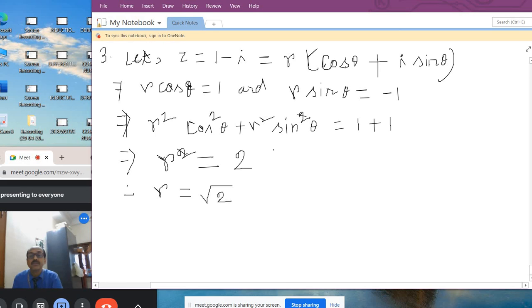Now so r equal to root 2, so cos theta equal to 1 by root 2, and sin theta equal to minus 1 by root 2.